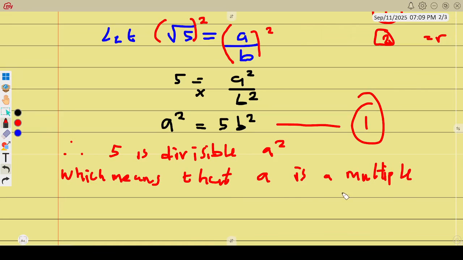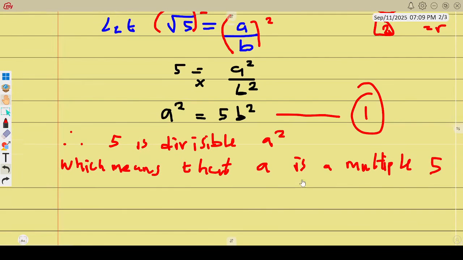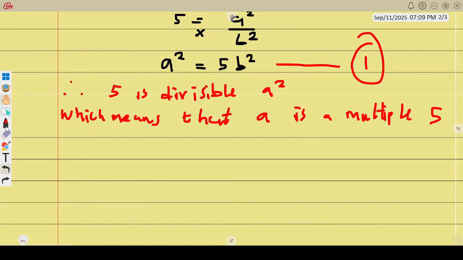So this means that a is also a multiple of 5, since a squared is, meaning also a. So you are answering just like this. That's how we move. So 5 is divisible by a squared, meaning a is also divisible by 5.